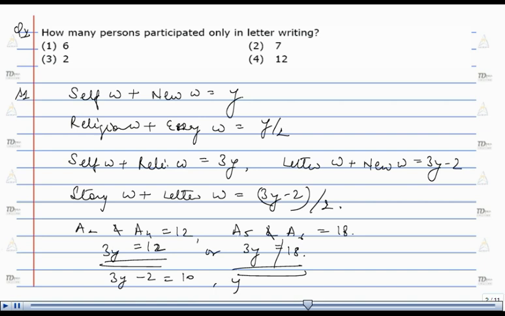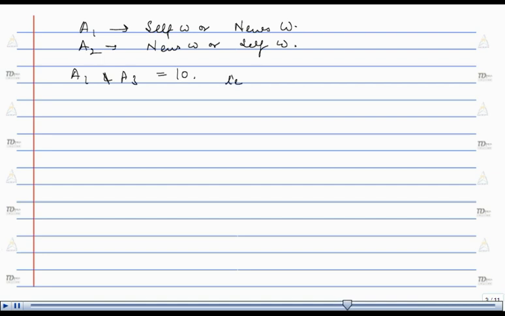And now A1 is self-writing or news writing, and A2 is news writing or self-writing. But the number of participants in A1 and A3 is 10, that is, 3y minus 2 is 10.